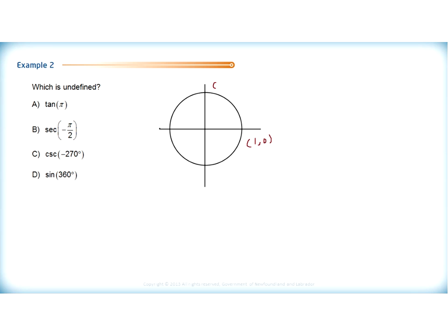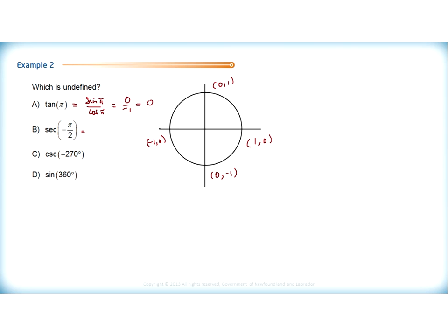X is 1, y is 0. X is 0, y is 1. Negative 1, 0. And 0, negative 1. The tan of pi. Tan is sine over cosine. Let's check it out. Sine over cosine will be 0 over negative 1, which is 0. That's not undefined.